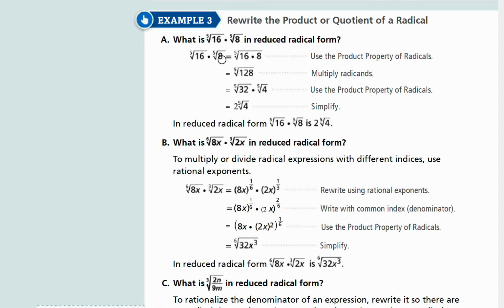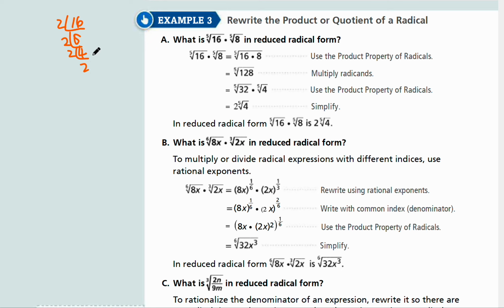So we have a property called product property of radicals, and we can combine the numbers inside the radicals, and then we can multiply them, and we can factor it out and see if we can find any powers of 5, right? So it's easy if you understand factoring first. So factor 16 out, right?